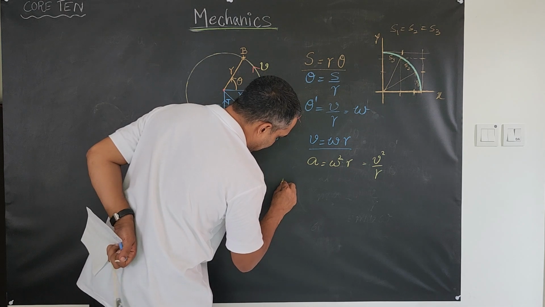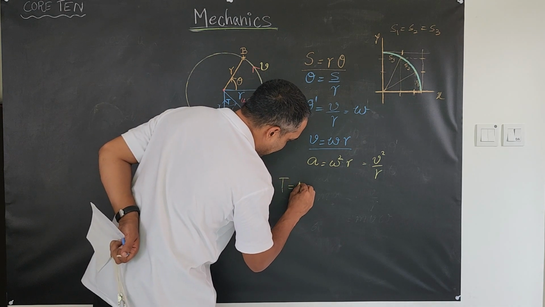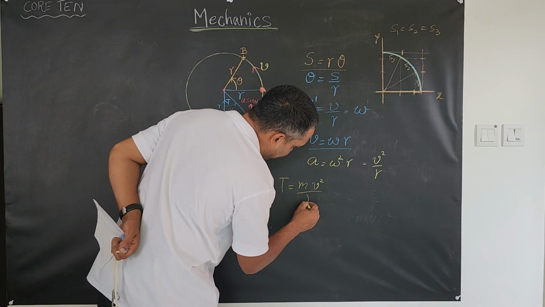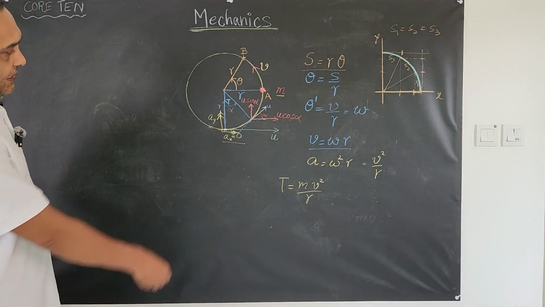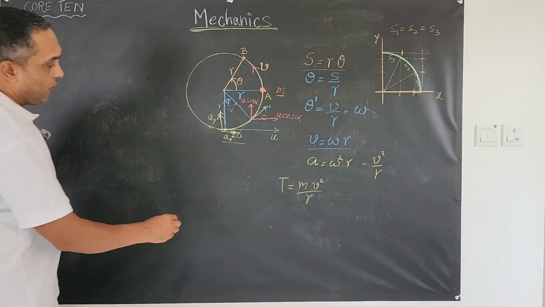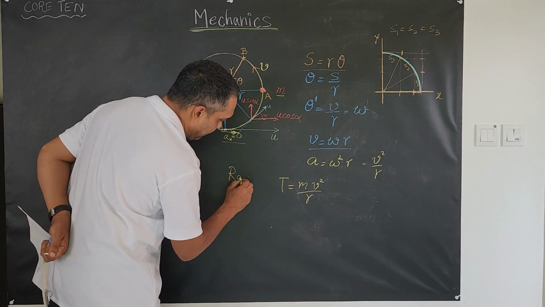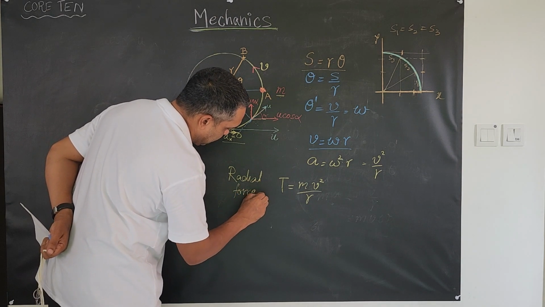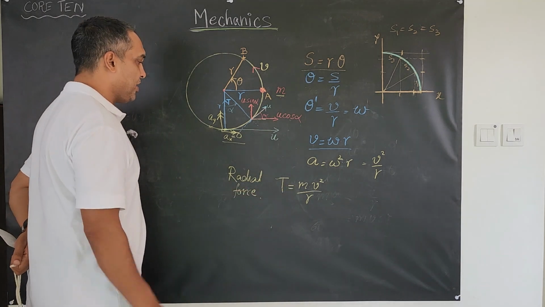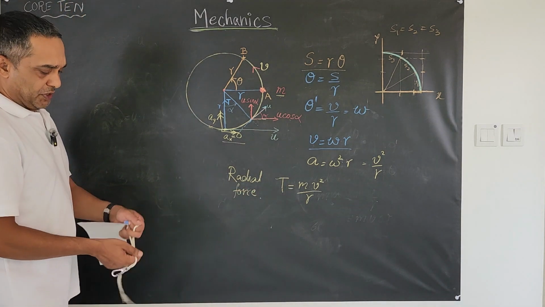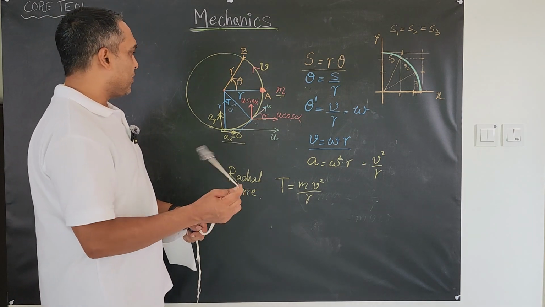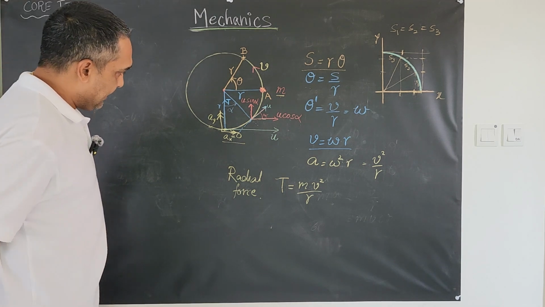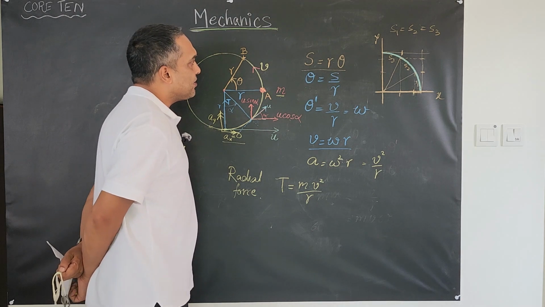So I could just write that T is equal to mass times, say, v squared by r. And that's the force that you get. And this is also a radial force. And it can be noted as the tension on the string, which is effectively the basis for this rotation, or this circular motion. Okay, I think that covers the good conceptual understanding.